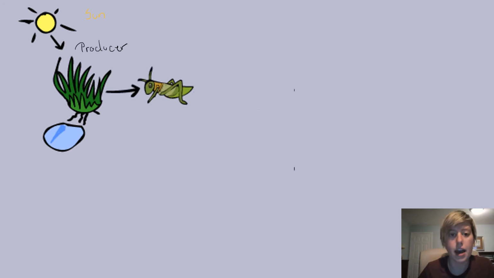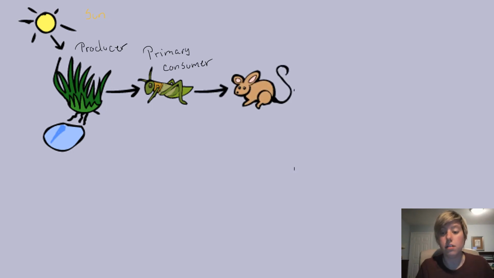And then we have our primary consumer, because the grasshopper is eating the grass. Now, what eats the grasshopper? The mouse would be our secondary consumer, because in the transition of all of your consumers, it is the second one in the chain.